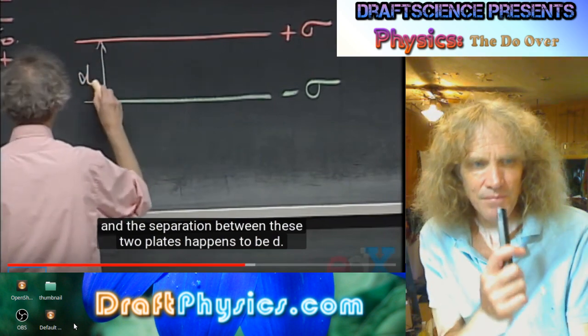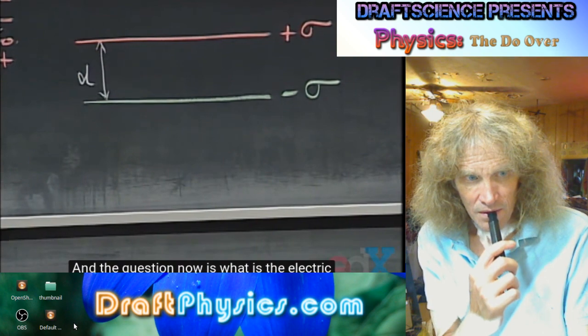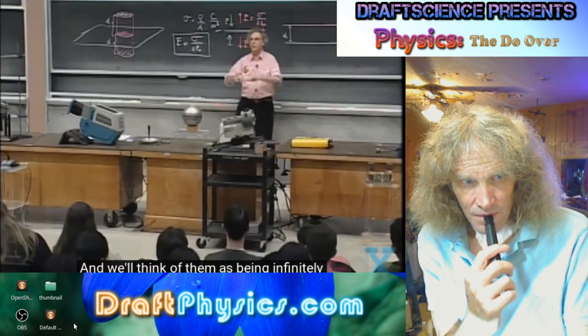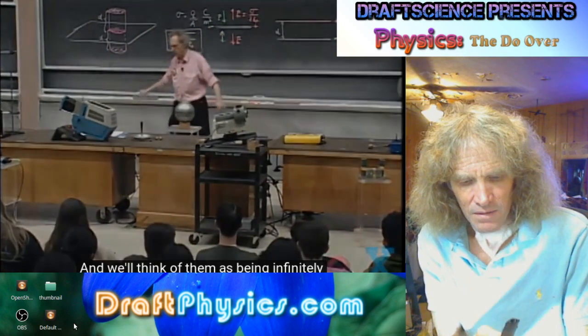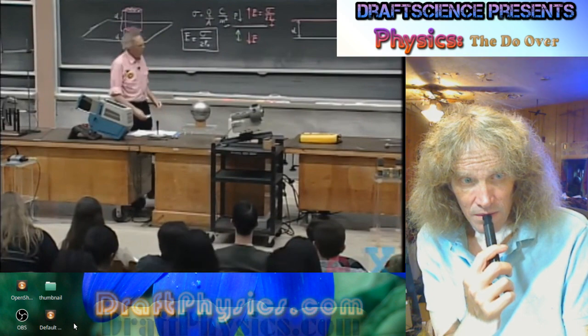Separation between these two plates happens to be D. And the question now is, what is the electric field anywhere in space? Here, here, and here. And we'll think of them as being infinitely large, each plate. And I now use the superposition principle.